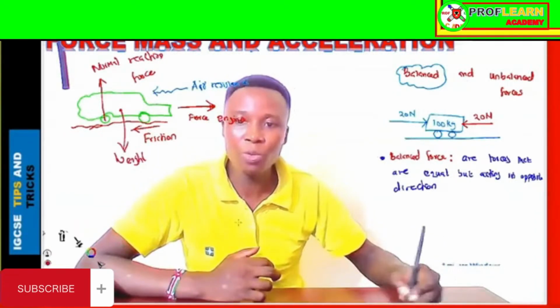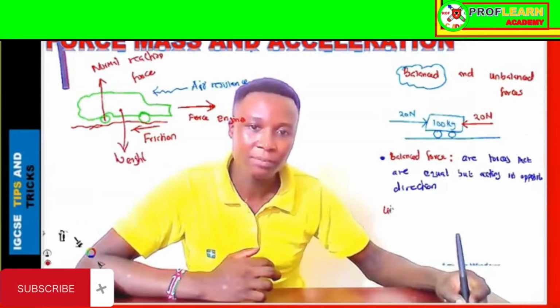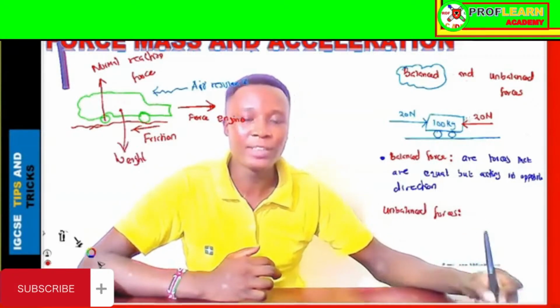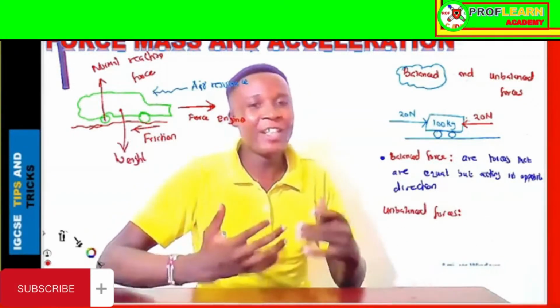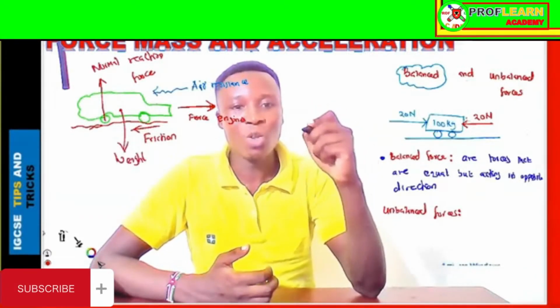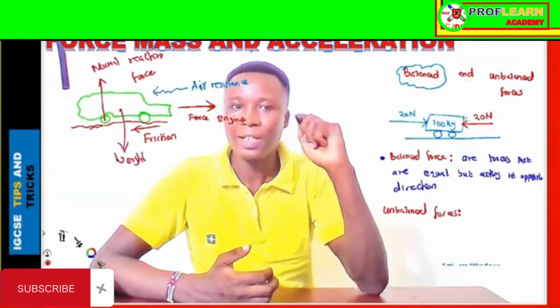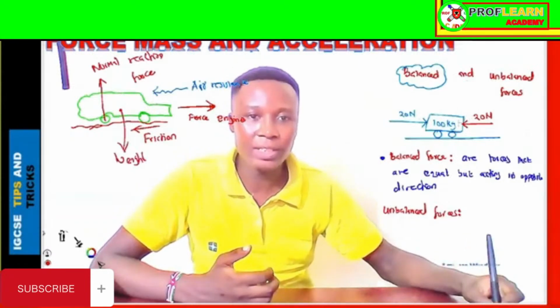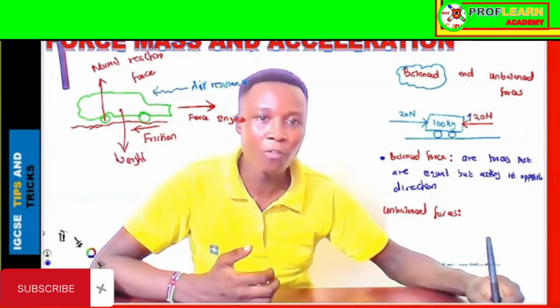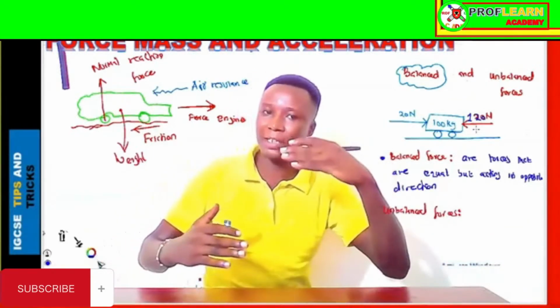So when we move to unbalanced forces, these are forces which are acting in opposite directions and at the same time are not equal in size. For instance, we can change this and say maybe this is a force of 120 Newton acting on the other side.